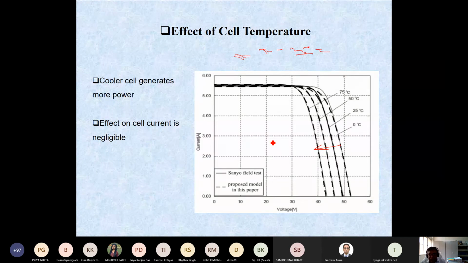Here I'm not talking about it being directly proportionate. It is decided by a voltage drop factor supplied by the manufacturer, and its value is determined during the testing of the PV cell.